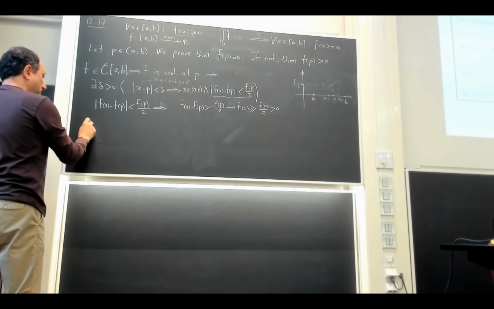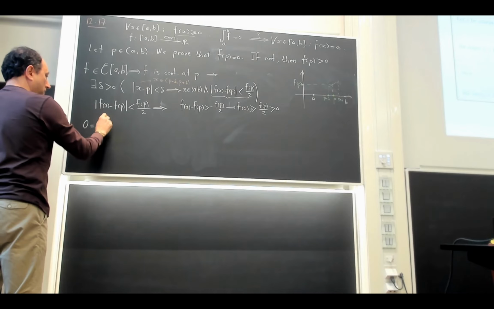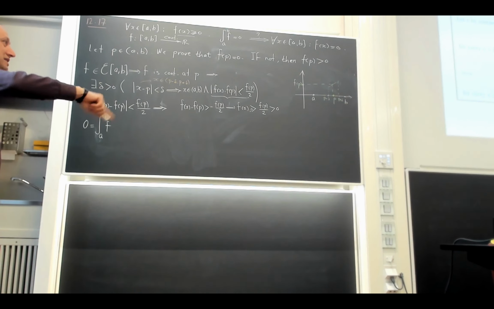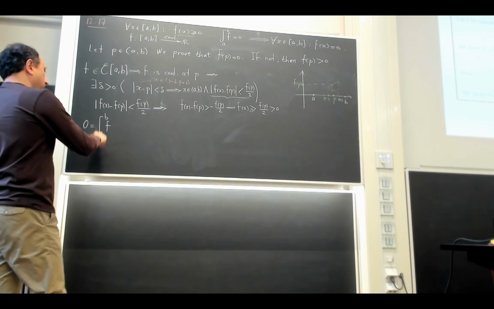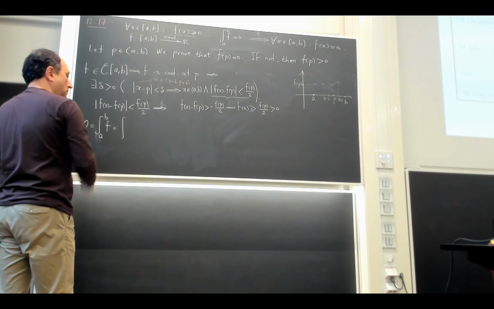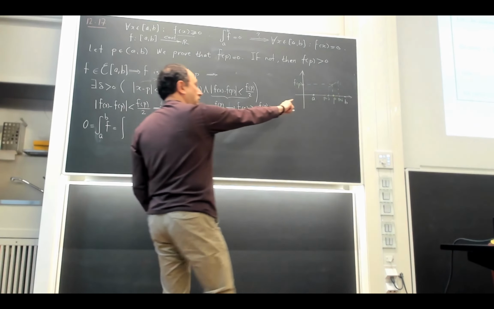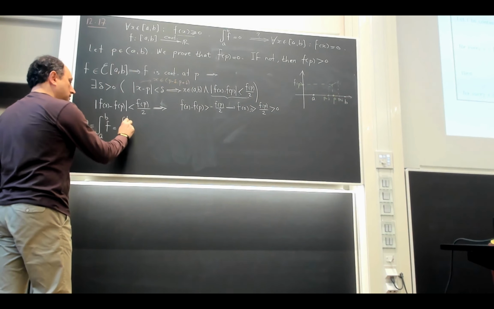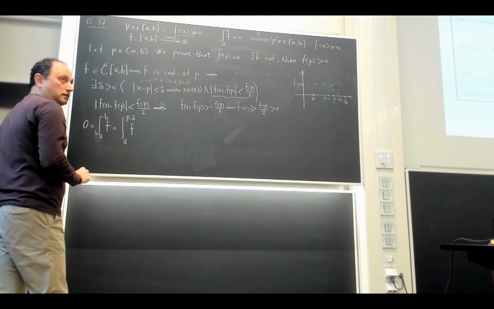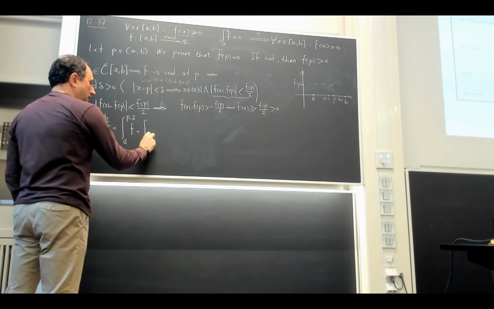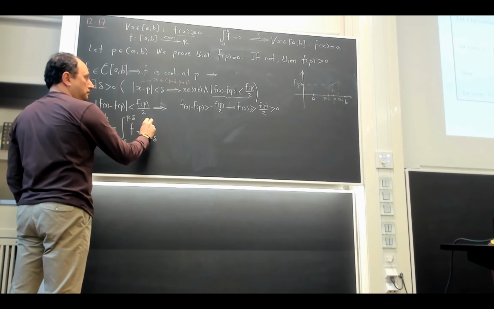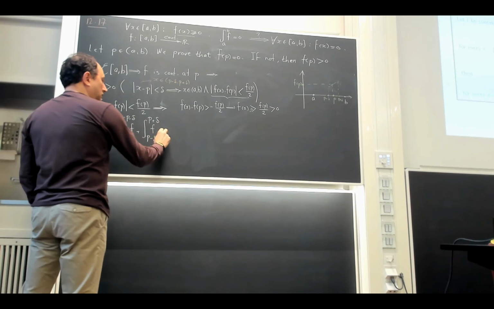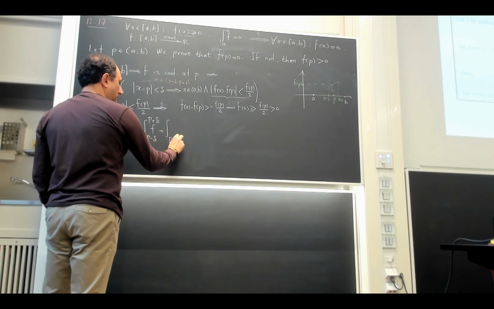The other assumption is that 0 is the integral from a to b of f. Yes? But yesterday the last theorem is that I can break this into some pieces. Instead of going from a to b directly, I go from a to p minus delta, then from p minus delta to p plus delta, and then from p plus delta to b.